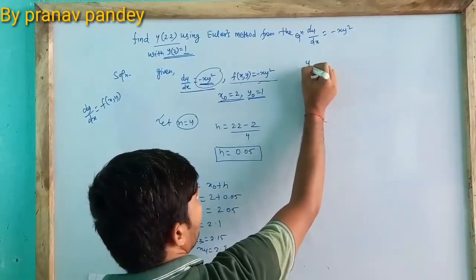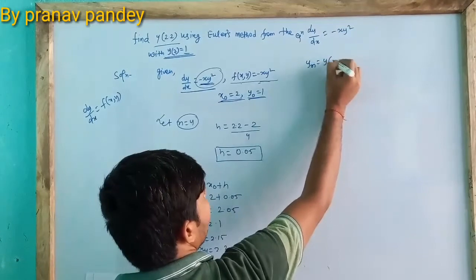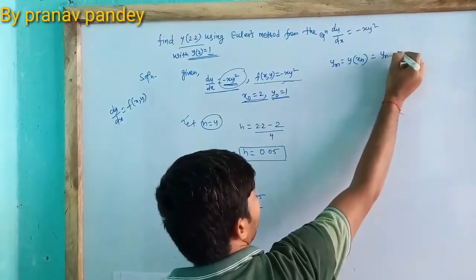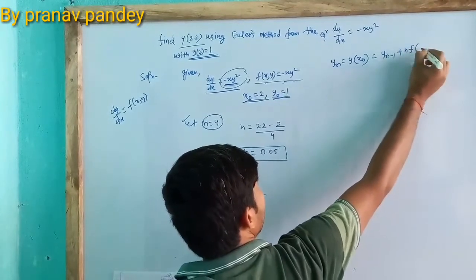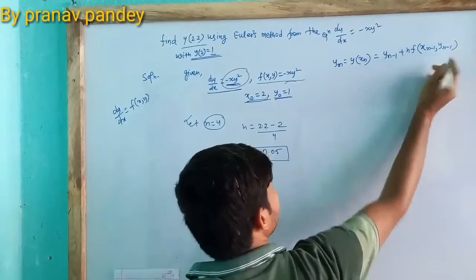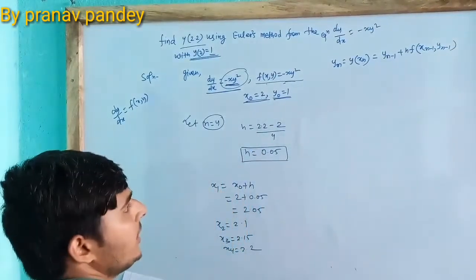Formula: yn is equal to y of xn, which is equal to y of (n minus 1) plus h times f of (xn minus 1, yn minus 1). This is Euler's formula.